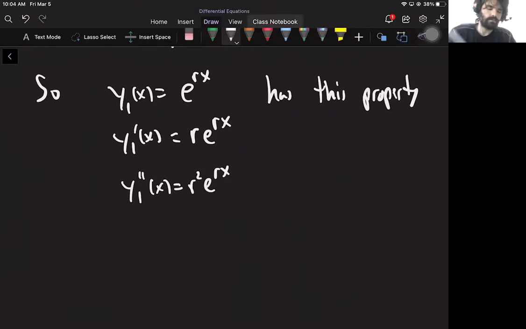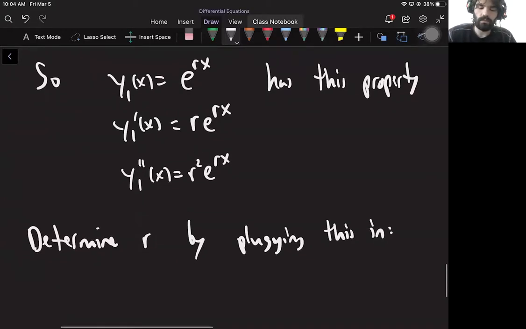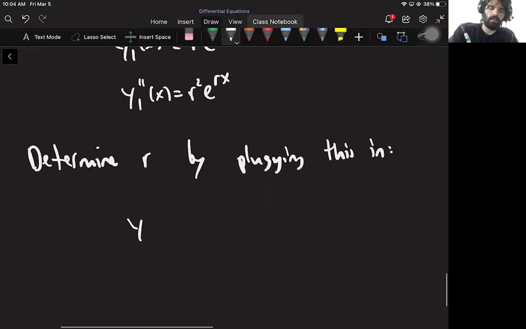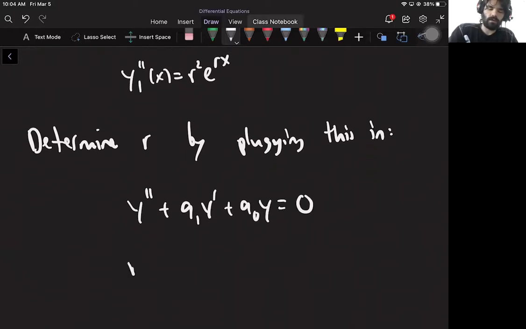Okay, so then we'll determine r by plugging this in. So y double prime, I'll rewrite it here, plus a1 y prime plus a0 y equals 0. So my y double prime is r squared e to the rx plus a1 r e to the rx plus a0 e to the rx.